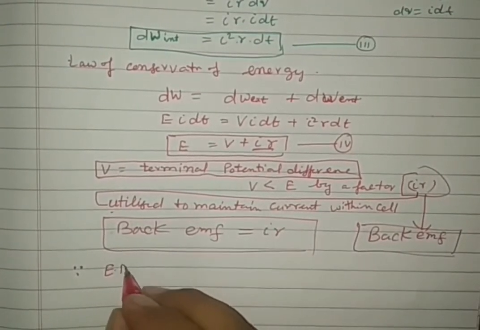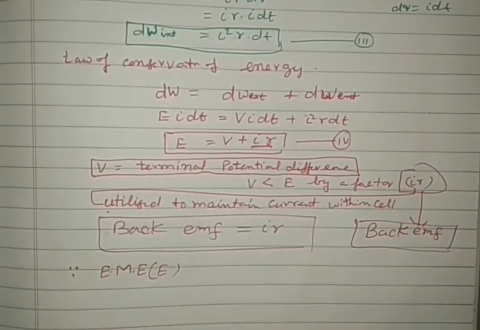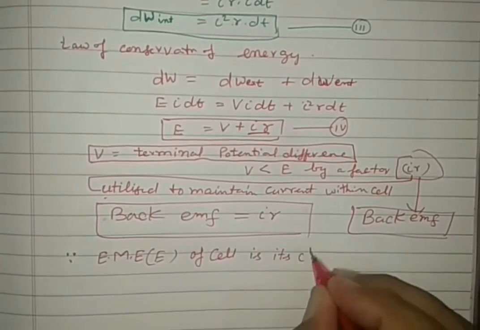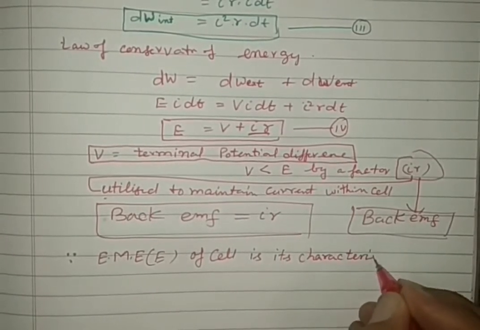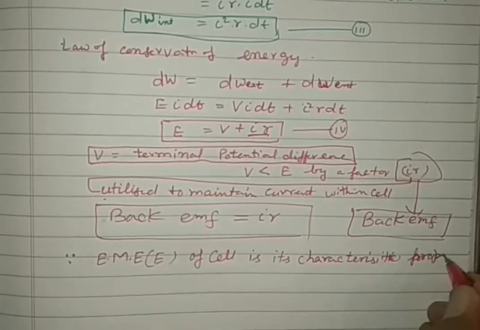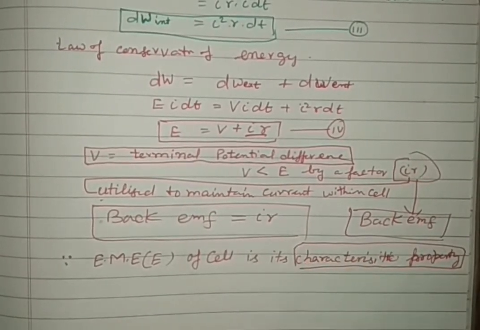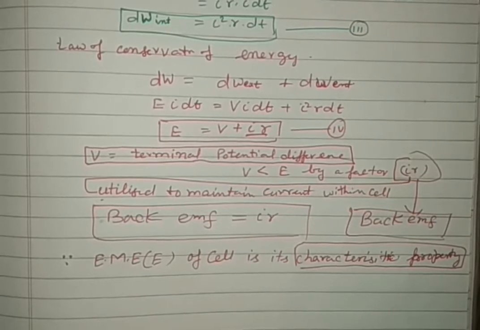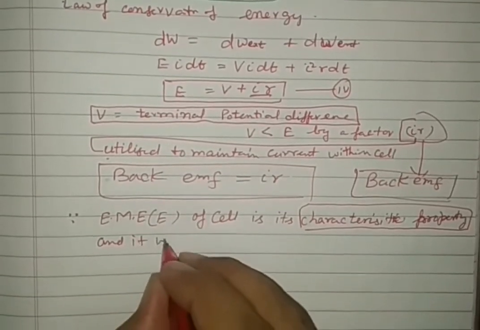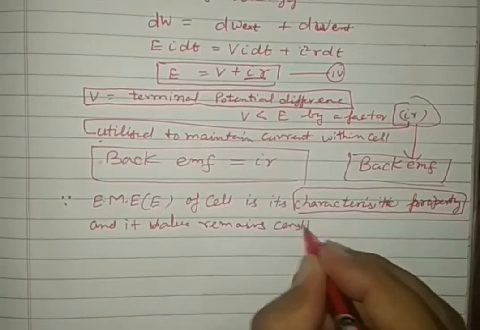Now one more thing, since EMF is simply denoted by E here. Electromotive force of a cell is its characteristic property. What does it mean that it has a characteristic property? It has its own property, right? And its value remains constant.